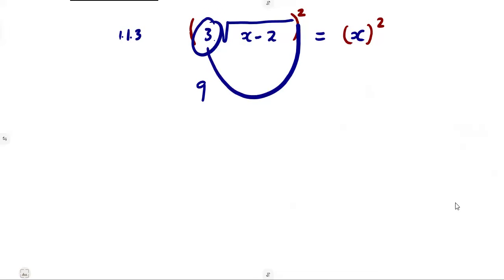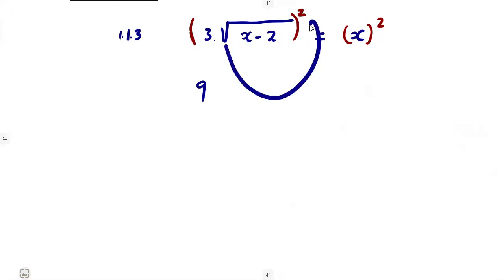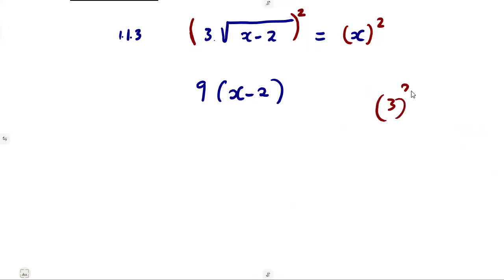It is raised to the power of 2. 3 is outside of the square root. That is why it's affected. But the square root raised to the power of 2, this one, with x minus 2, the square root and the square neutralize. Remember, it's a bracket. Everything is raised to 2. Square root of x minus 2 to the power of 2, like this, everything. So the 3 is going to be a 9. The square root of this is just going to be removed, neutralized by the square. x raised to the power of 2.